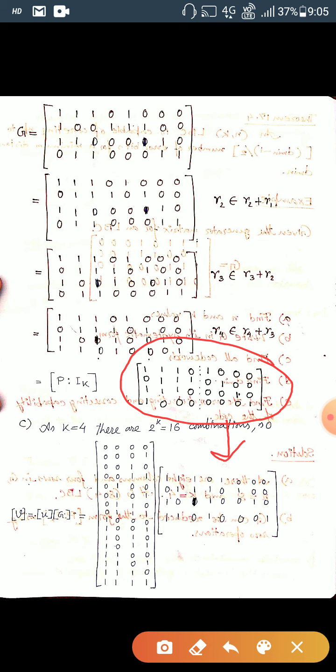If you multiply between them, I already told you the easiest way by which you can identify it.